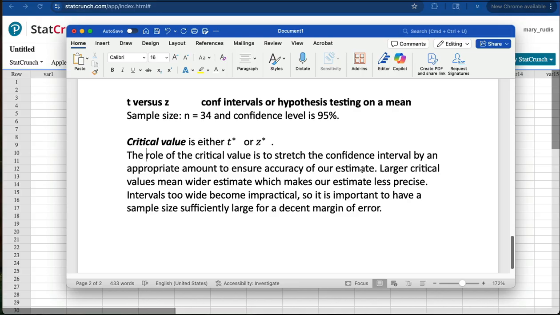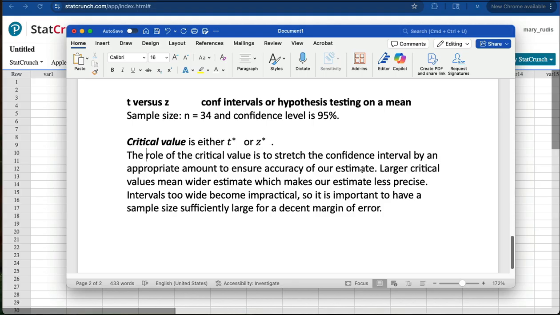And we want to basically guarantee that. The only way to guarantee that is to stretch our confidence interval by an appropriate amount. And that's the role of the T star or the Z star.